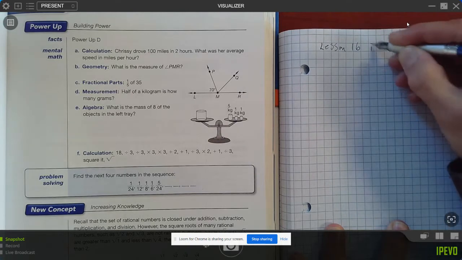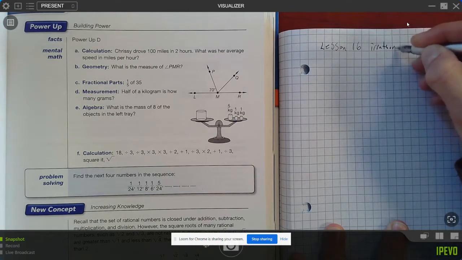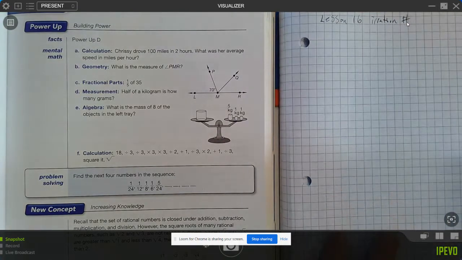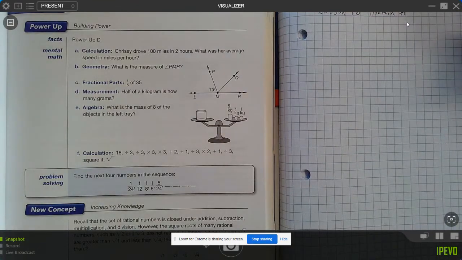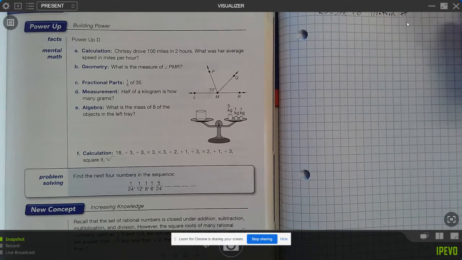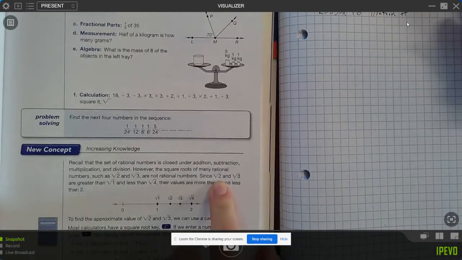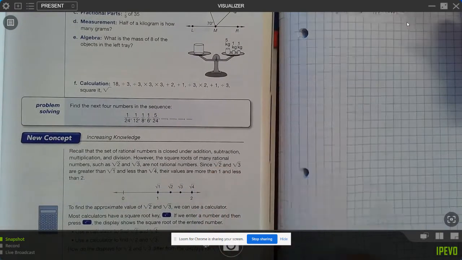Let me go ahead and do lesson 16, irrational numbers. First, we're talking about square roots of many rational numbers, such as square root of 2 and square root of 3, which are not rational numbers, since there is no whole number that times itself equals 2.